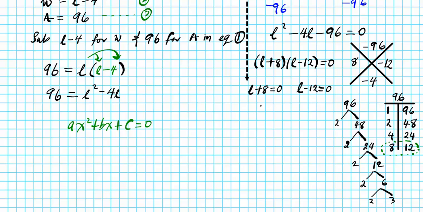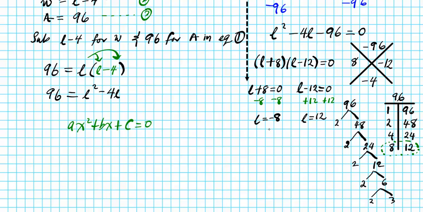To solve the first one, to isolate the variable, you subtract 8 from both sides, and that yields L = -8. The second one, you want to isolate L, so you just add 12 to both sides, and you end up with L = 12. All right? Okay, now one of these works, one of them does not work.